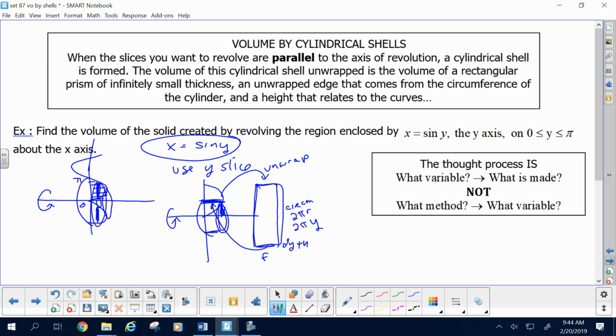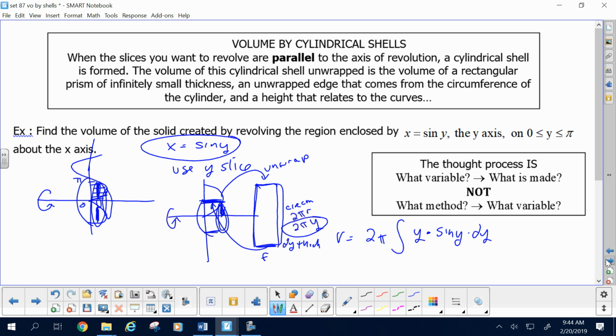All right. So the volume then is 2 pi times what? Here's the circumference, one dimension. There's the width, 2 pi y. This dimension is the function in y terms, so times sine of y, and the thickness is dy.